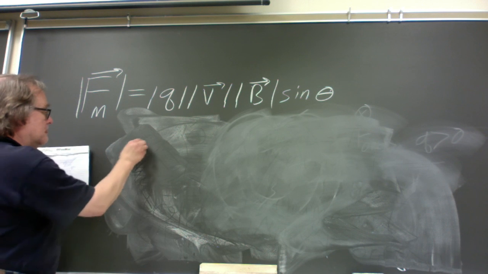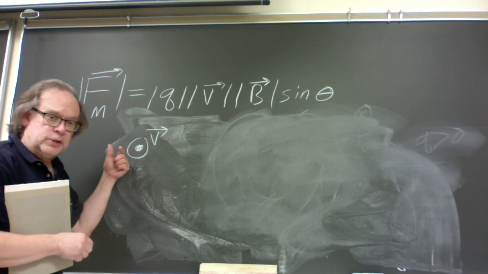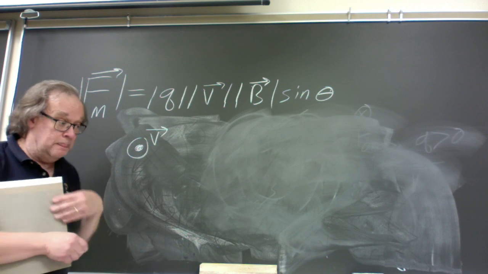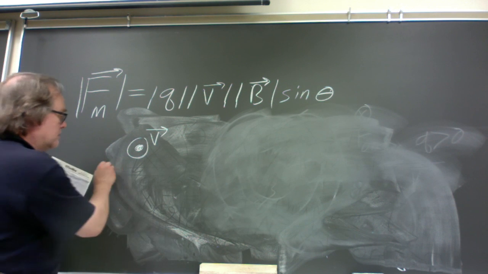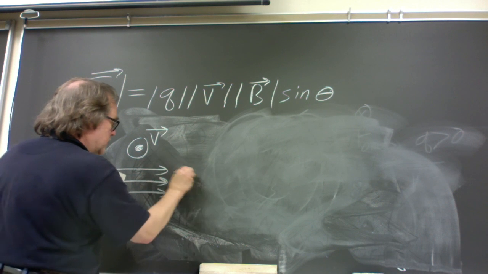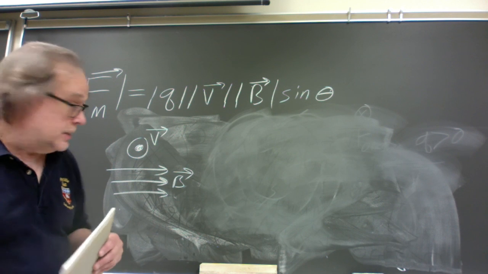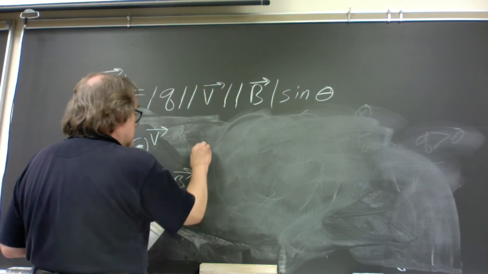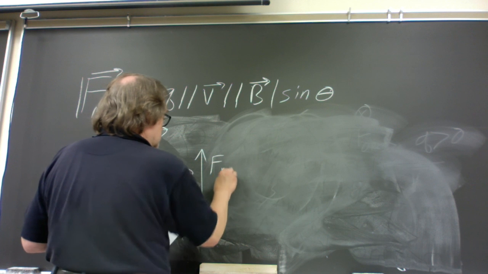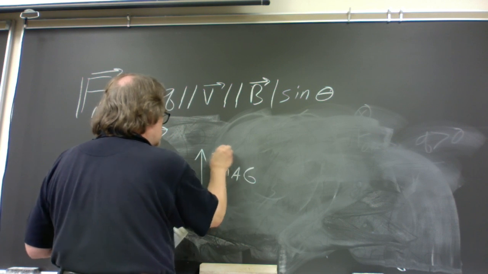So let's say there's a velocity like this that is perpendicular to the blackboard pointing out, and then a magnetic field in the plane of the blackboard pointing left to right, and then the magnetic force that you get is that way.